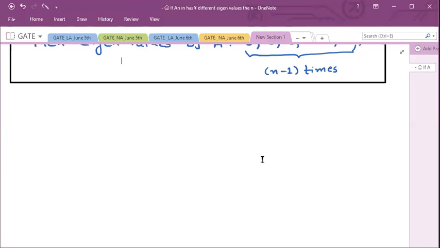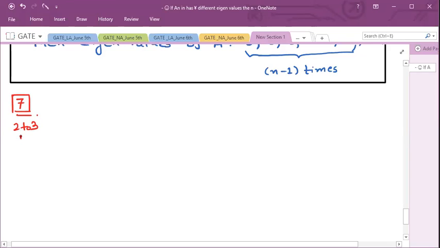चलो. So let us see question number 7. Which of the following is an eigenvector, right? This question also came 2 to 3 times. So let us see this question.